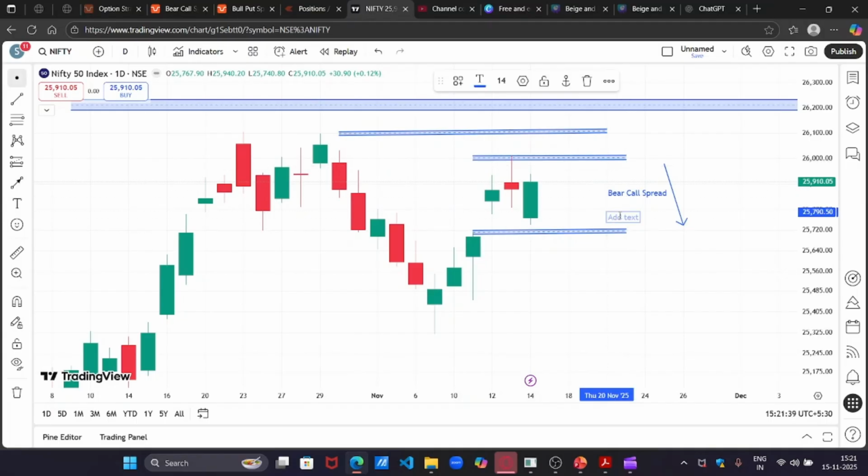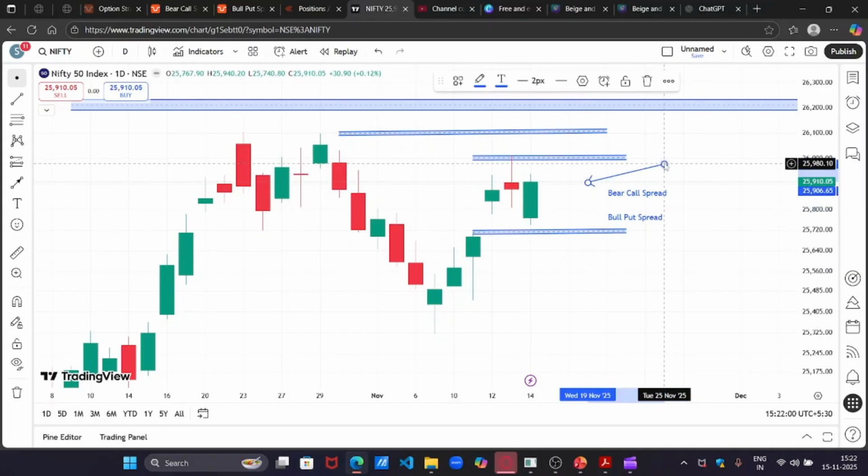I'm going to make profit from the credit by selling a put leg and buying a put leg. So this is the bull put spread we'll be using. So here my view is upwards now.